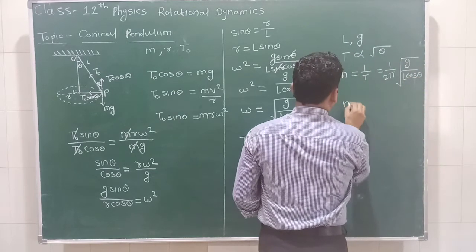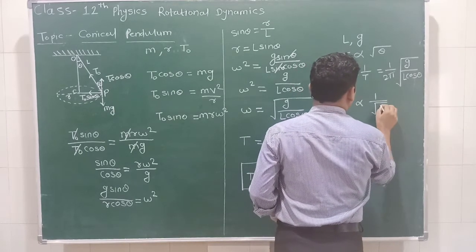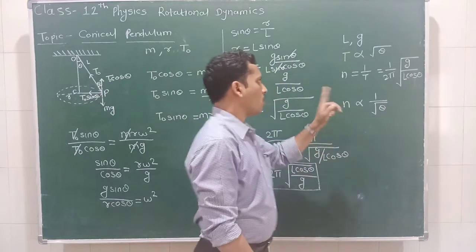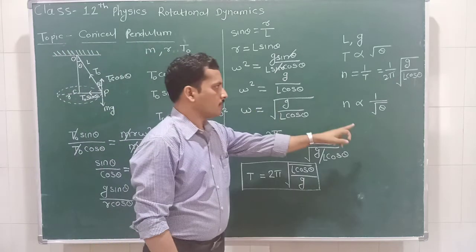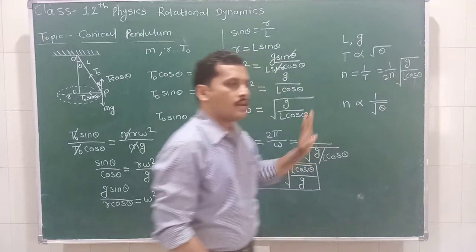Here the frequency is inversely proportional to theta. Therefore, we can say that the time period and frequency of this conical pendulum depend upon the angle. It does not depend upon the gravity and does not depend upon the length.